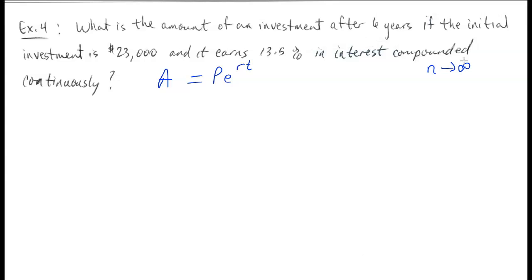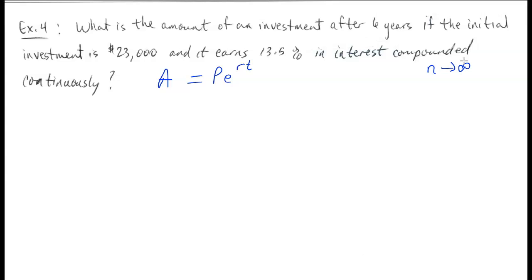What we're really doing is trying to figure out, if I worded this problem another way, what is going to be the maximum amount that I can accumulate or earn from this investment if the time period was 6 years, the initial investment amount was $23,000, and the annual interest rate was 13.5%.